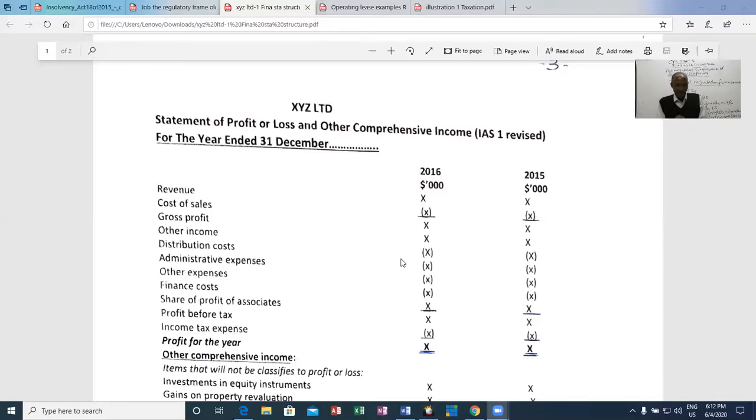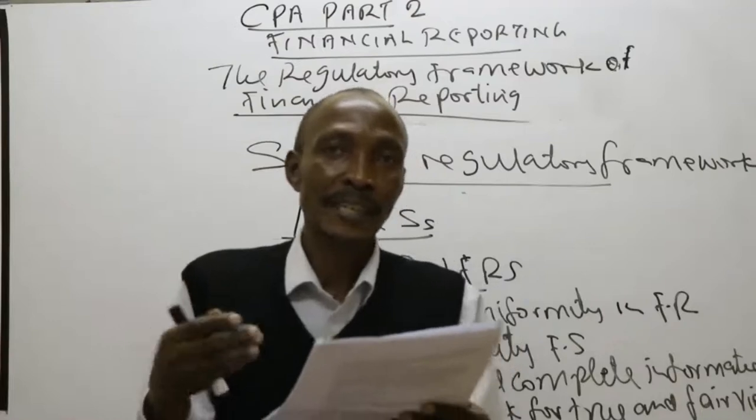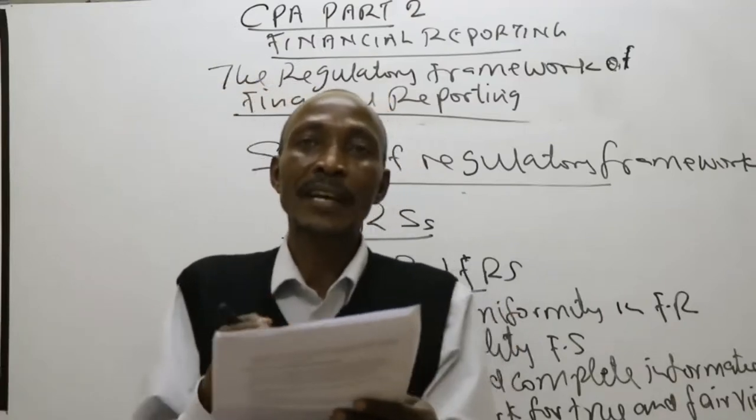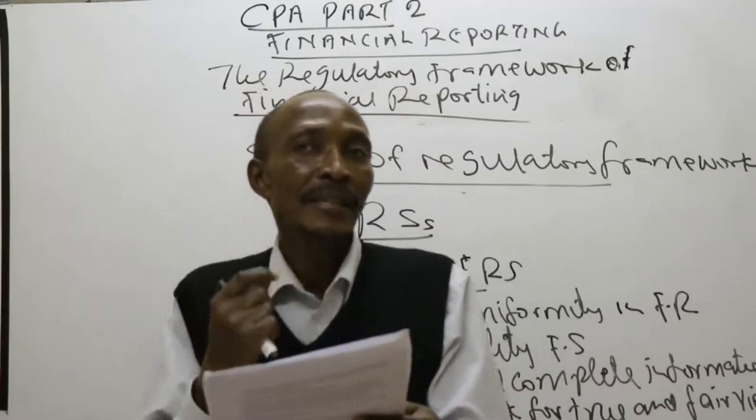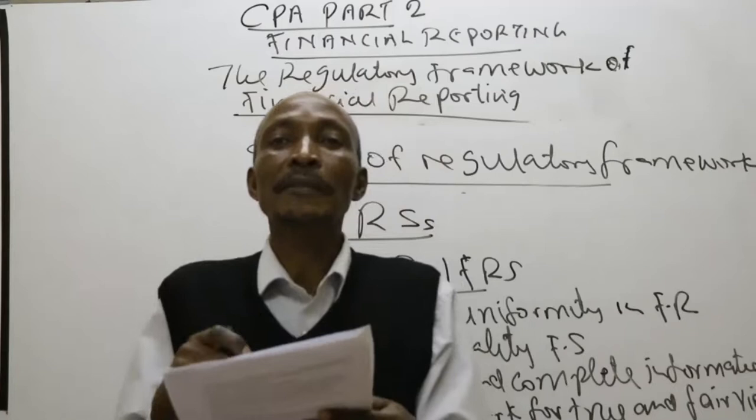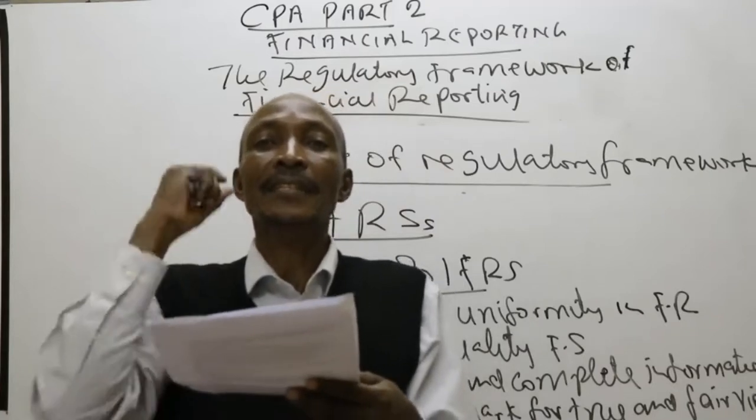We have an additional heading here for other comprehensive income. That is items which are not classified in the above area, which are not part of the profit for the year, but they are gains and losses. One example that you already know from financial accounting, or financial accounting 1 in the case of the undergraduate studies, in CPA we call it financial accounting, is the surplus on revaluation of a non-current asset.